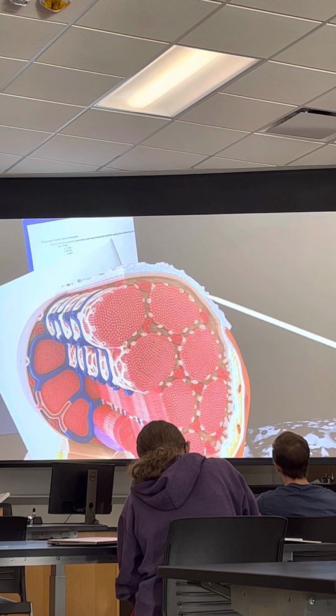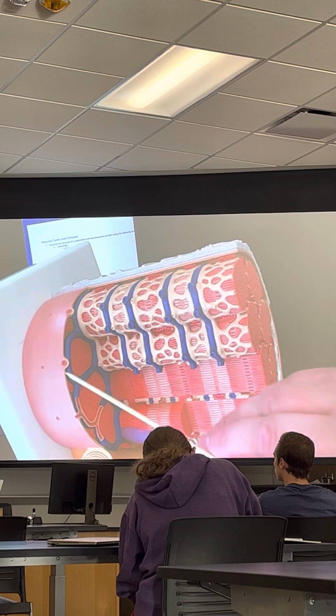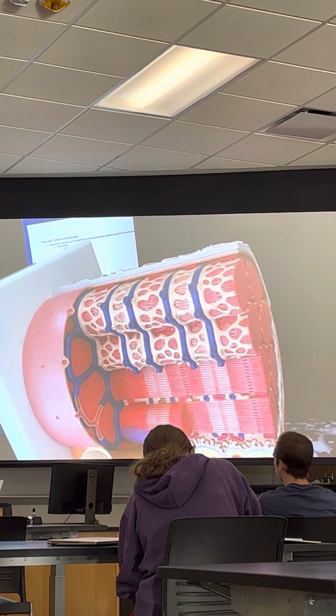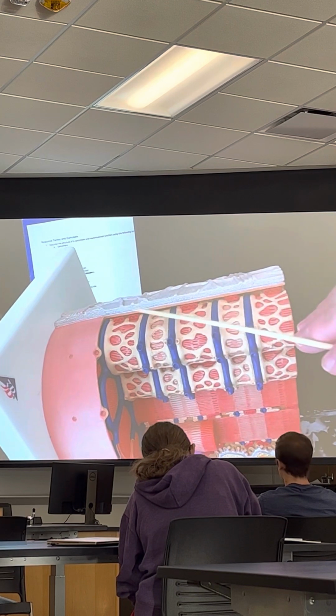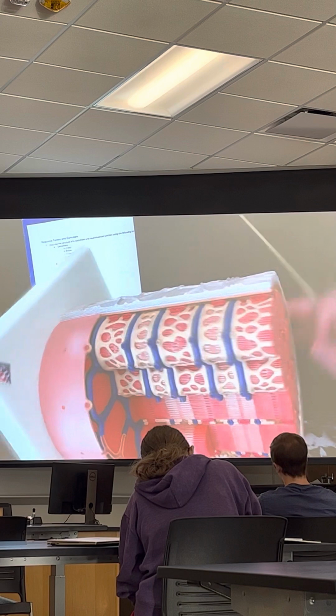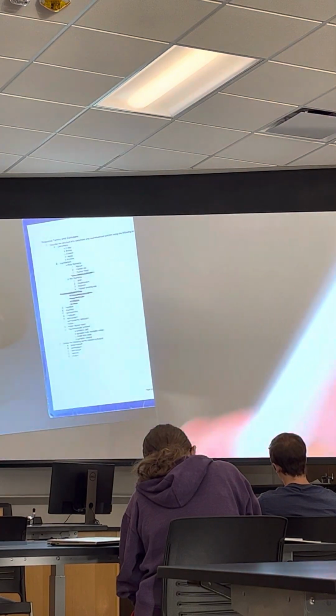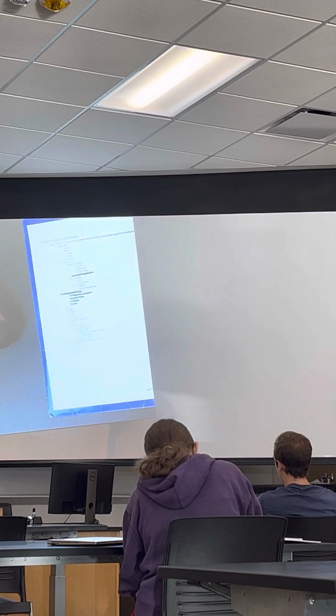So this is the sarcolemma with holes in it, poke, poke, poke, and right along with it is the endomysium on the outside. That's what you can see on that model.